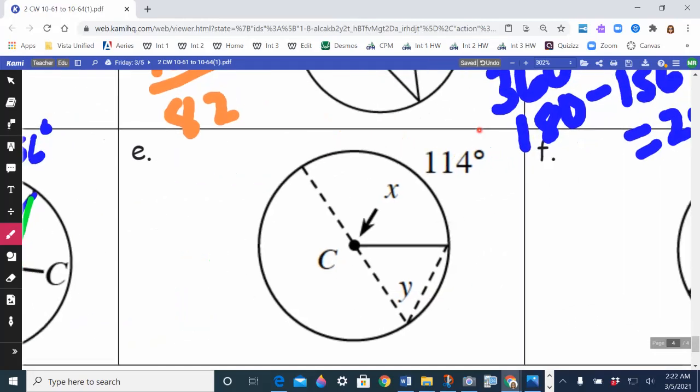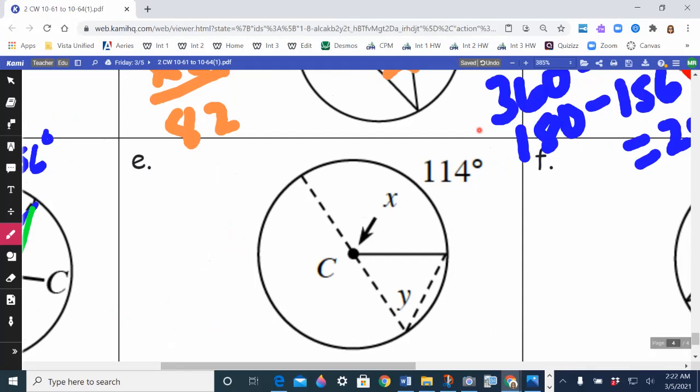On E, I know that this is 114, which means my X is also 114 because that's a central angle, so it's the same as its intercepted arc.